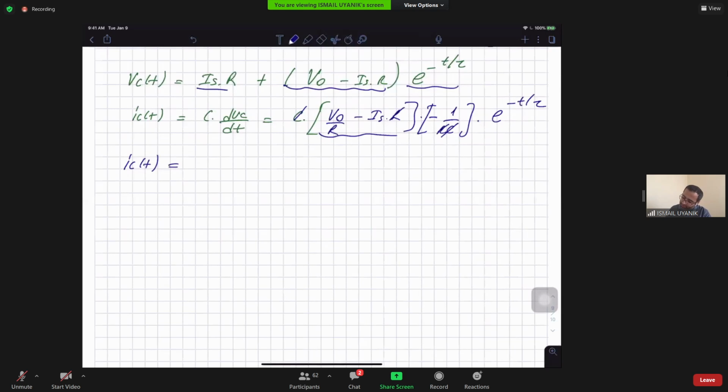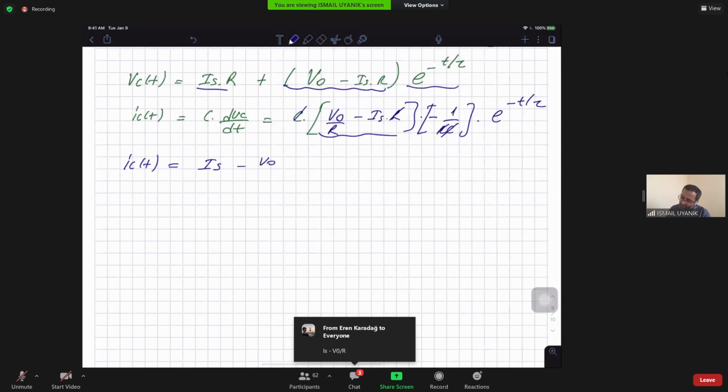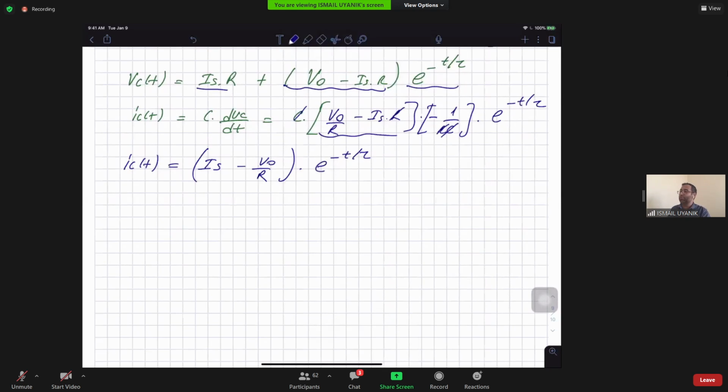So the result is going to be something like, I have a minus, so I will change their order. So that will be IS minus V0 over R times e to the minus t over tau. And we need to validate this, because this is after 0. Let's check.